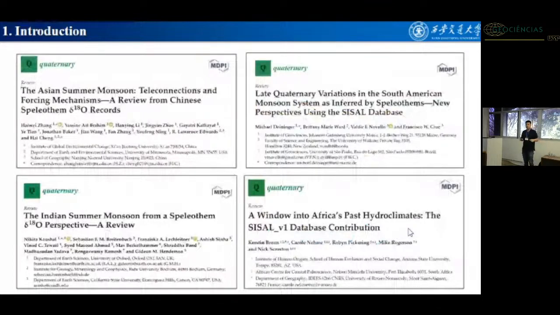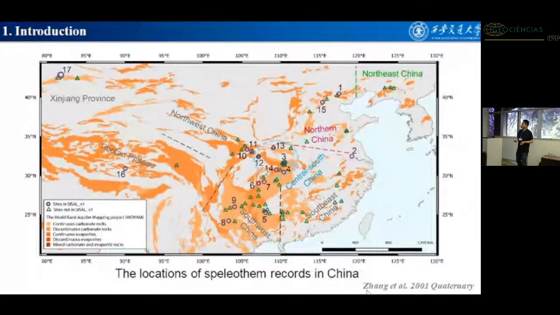So all these papers are from the tropical, subtropical monsoon. This paper shows the location of published speleothem records in China. We can see most of the caves were from central China and southeast China. In southwest China, in southeast China and northeast China, only a few records.